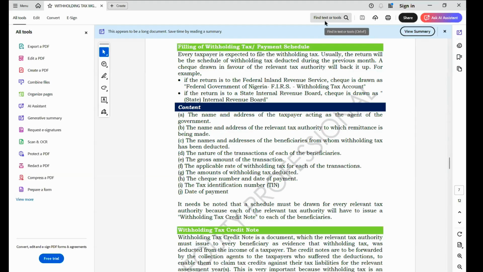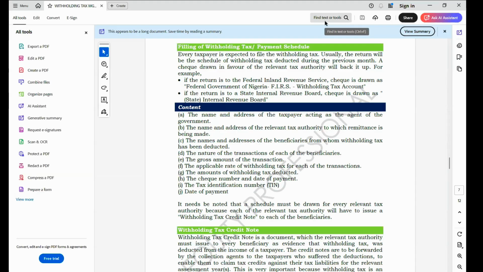Then, assuming the beneficiary is not a company, let's say the beneficiary is an individual. You, the agent, are in Lagos. Your company is in Lagos. But the individual who renders services to you, let's say an enterprise, happens to be a resident of Ogun State.